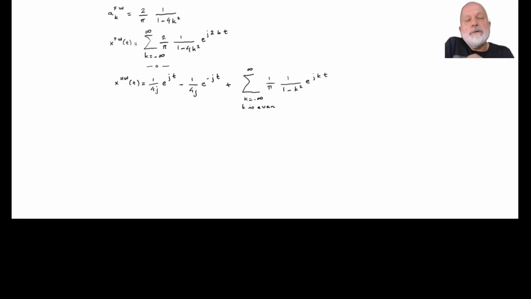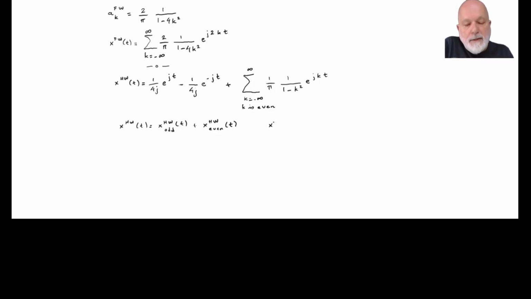Now remember that any signal can be represented as the superposition of its even and odd parts. So we can consider this for the half wave rectified sine signal. The half wave rectified sine signal will have its odd part and again the even part. And when we add these two, we obtain the original signal.